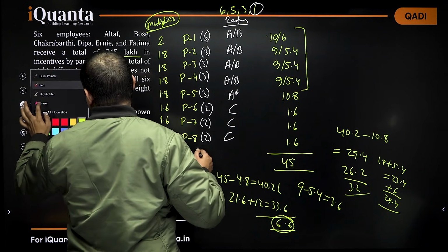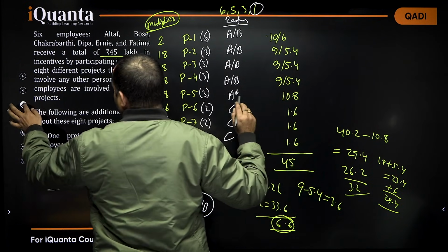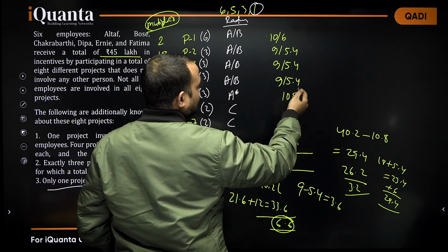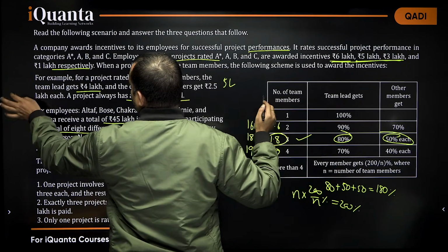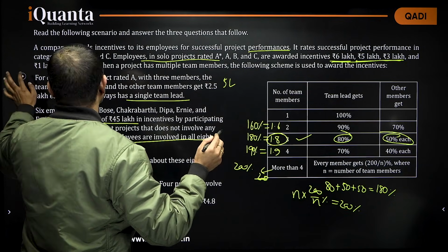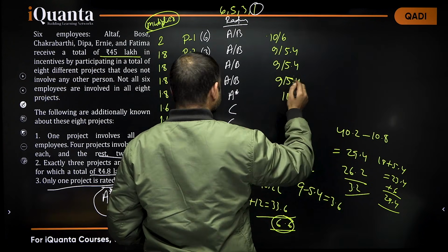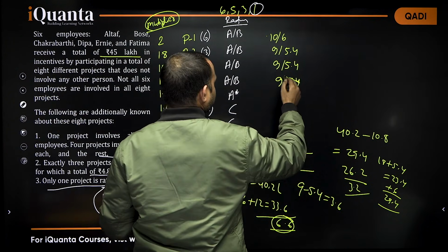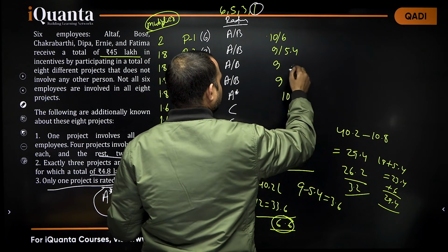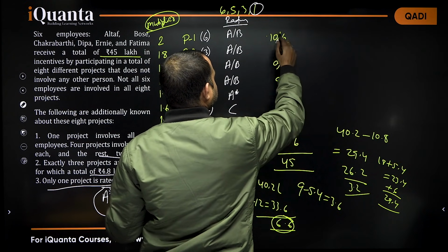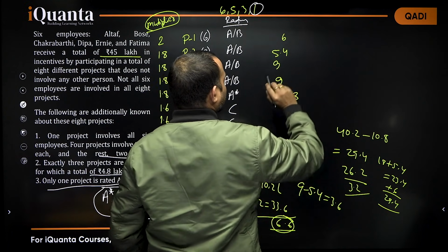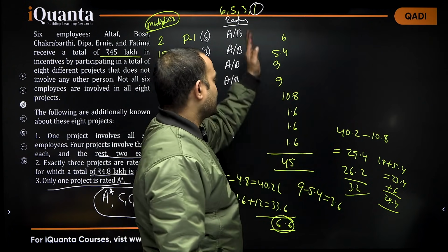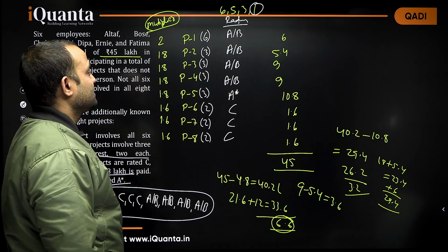So that means 2 of these projects are 9, right? And 1 of them is 5.4. 1 second. 9, 9, 5.4 and 6. 11.4 and 18, 29.4. Now everything makes sense, right?